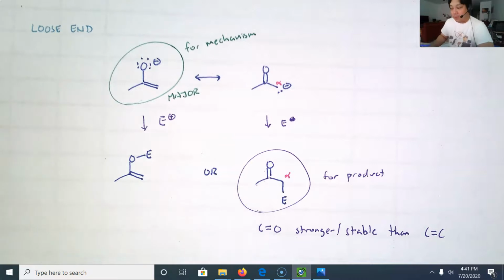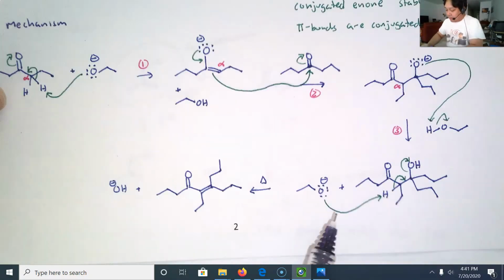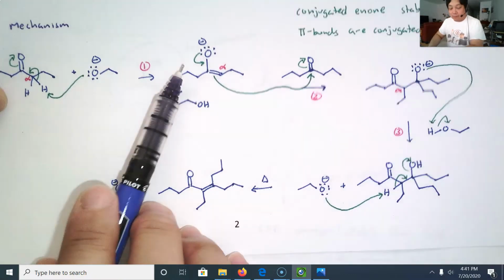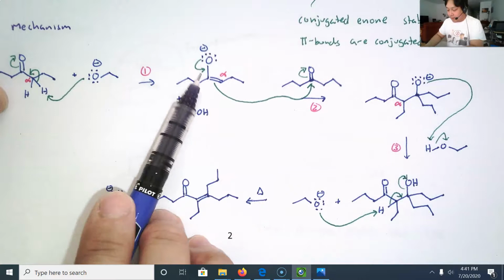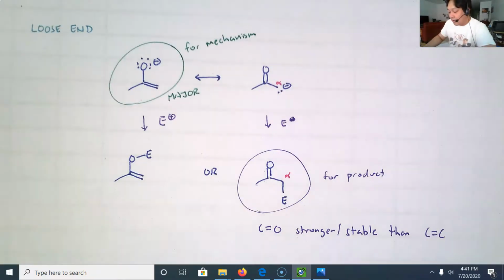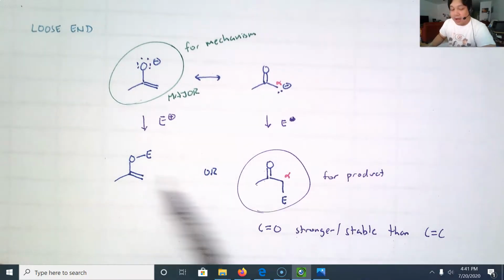And that's why we do, in our mechanisms, reform that carbon, where is it? Right here. We reform the carbon-oxygen double bond. Okay, oops. We reformed that and it's right here now. That's why we do all of our attacking using the carbon and not the oxygen.